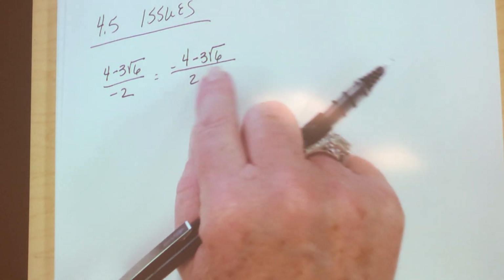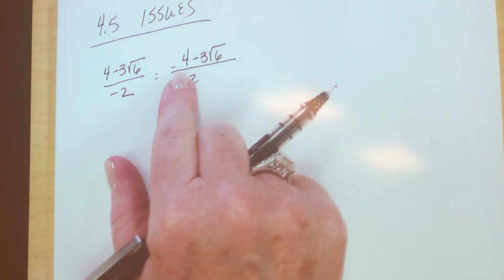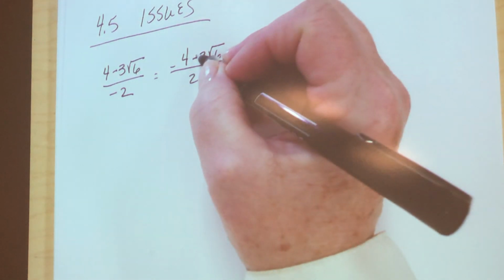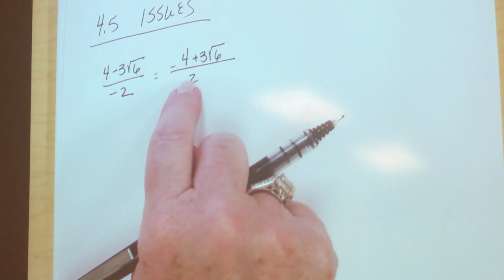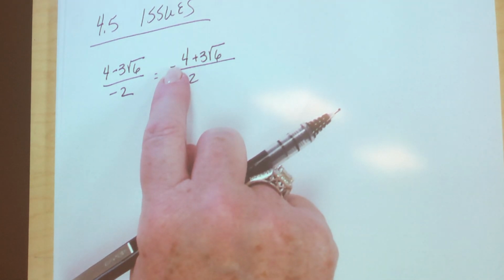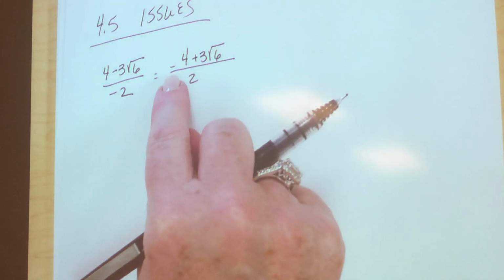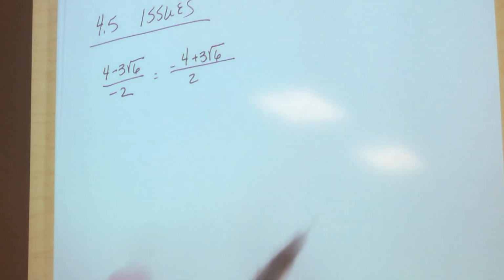You have to push it all the way through the top. So while this 4 becomes a negative 4, what happens to the negative 3 square root of 6? It becomes a positive. These two are equal. If you just push that negative up there above that line and put it down there, and you wrote that without changing that sign, I said -2. No, you cannot do that. That is not legal. Okay?